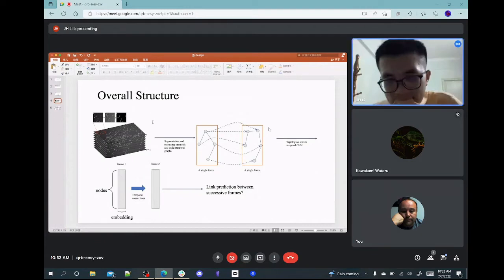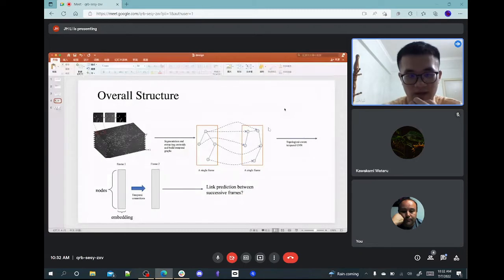Actually, in that ECCV paper, they did not model those images like this graph. They just model the whole cell trajectories as one directed graph, and they connect nodes between successive frames if the nodes have a mother and daughter relationship.